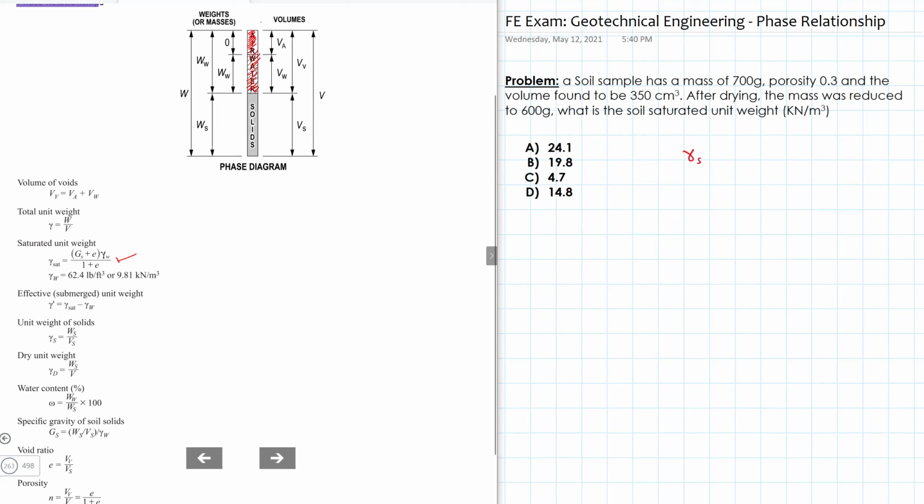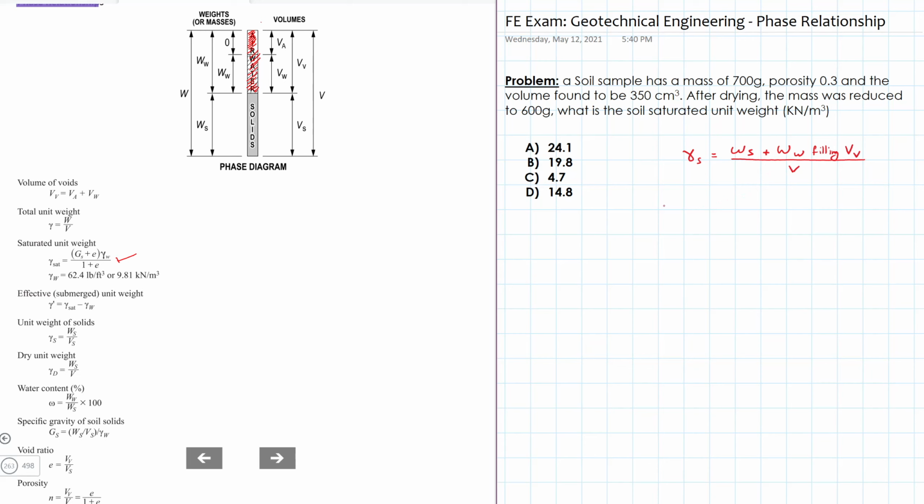Okay, so gamma saturated should equal the weight of solids plus the weight of water filling the volume of voids, divided by the total volume.